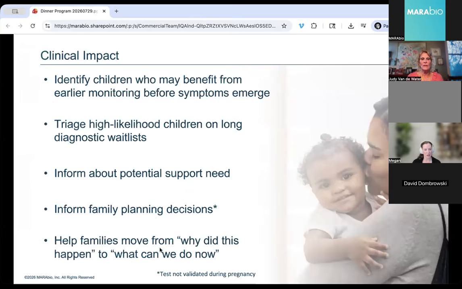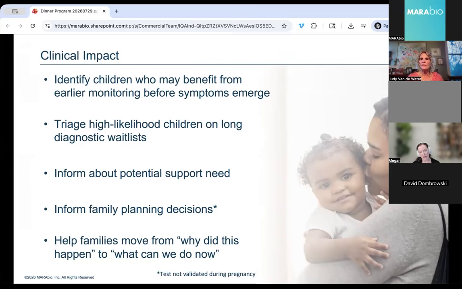Next slide. So just a little bit of a summary again of the clinical impact. Already talked about, in this previous case example, earlier monitoring before symptoms emerge, triage high likelihood children, depending upon the diagnostic wait list in your various areas of practice. Inform upon potential support need.